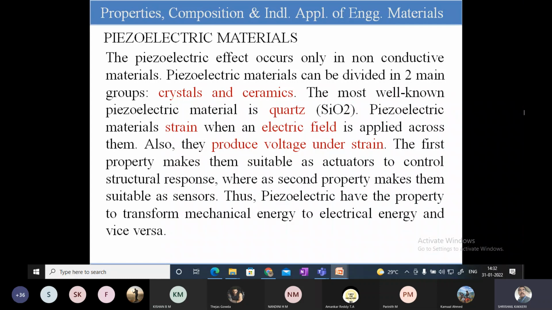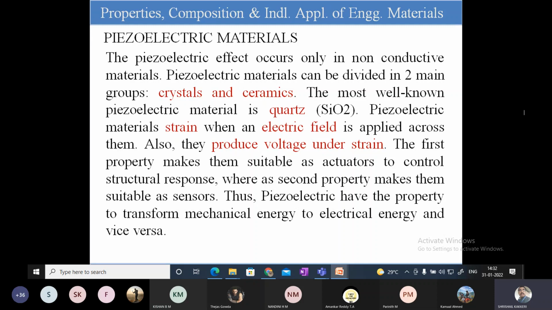The meaning of actuator is that when you give an electric input, it gives you a certain mechanical output. Whenever you give input voltage or input current to the system, it gives you a mechanical output, which is called an actuator. There may be a rotary actuator or a linear actuator. These are the two types of actuators.